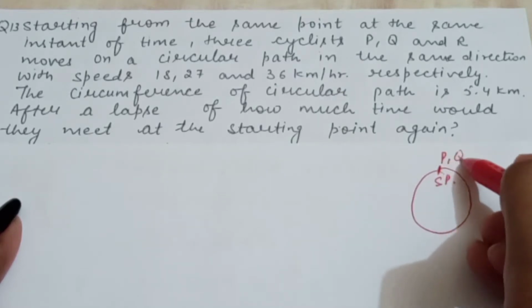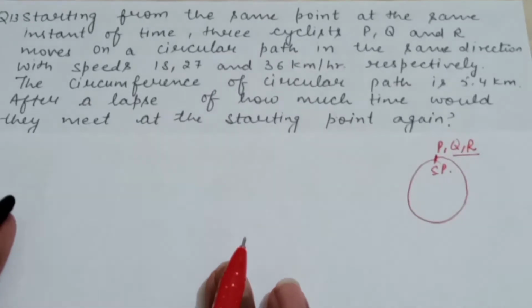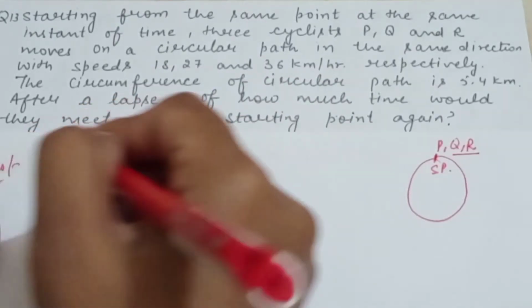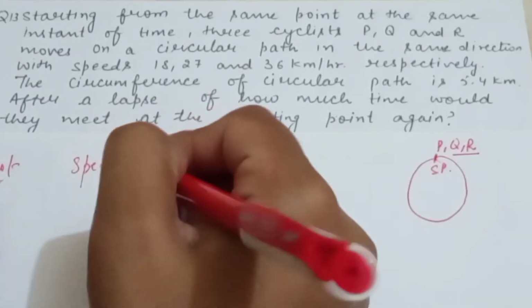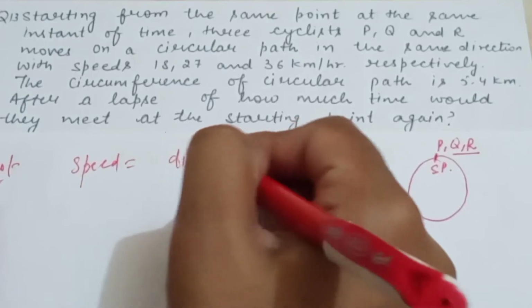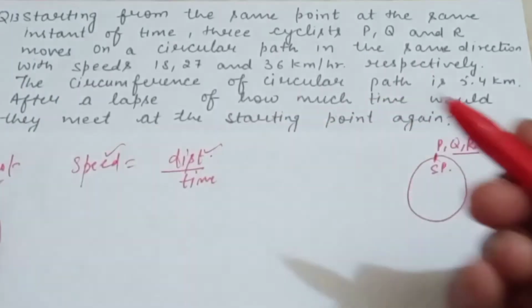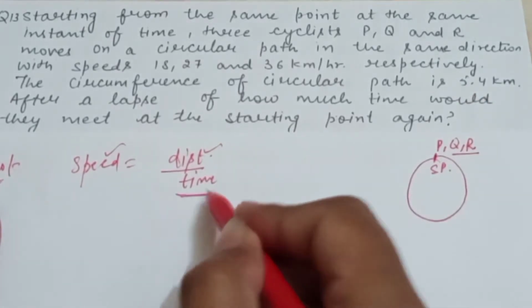All the three cyclists start from the same point, and we will use here a very basic formula: speed equals to distance upon time. As we know, speed is given and distance is given in the form of circumference. We have to find the time.